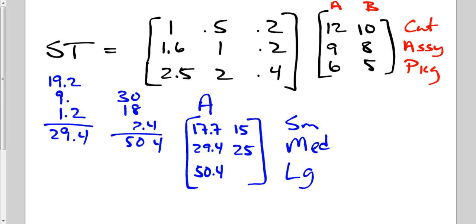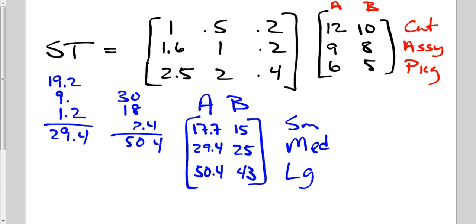And then lastly, 10 times 2.5, 25. 8 times 2, 16 plus 25, 41. And 5 times 0.4, 2, so 43, right? So the columns are A and B, and the rows are small, medium, and large boats.